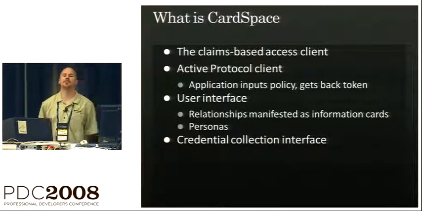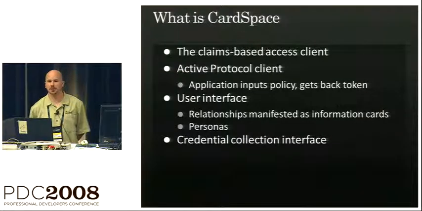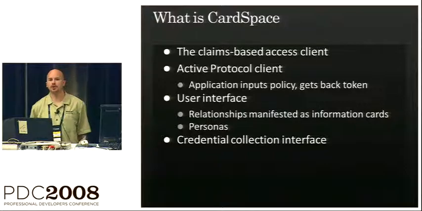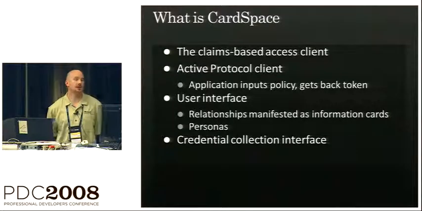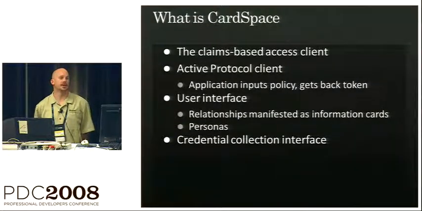What is CardSpace? CardSpace is the client of the identity access model. Geneva is composed of a server that issues tokens, a framework that can be used to consume those tokens, and CardSpace Geneva, which is the protocol client that facilitates the user's interaction within this system.